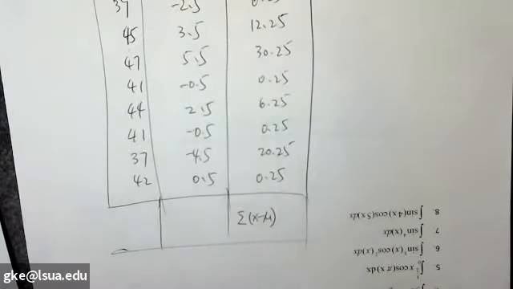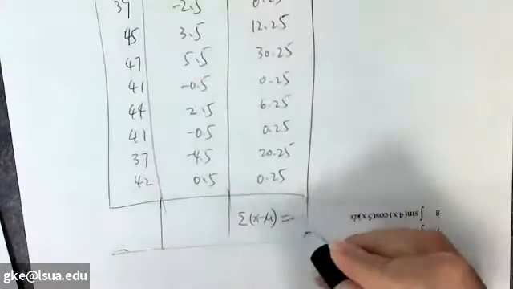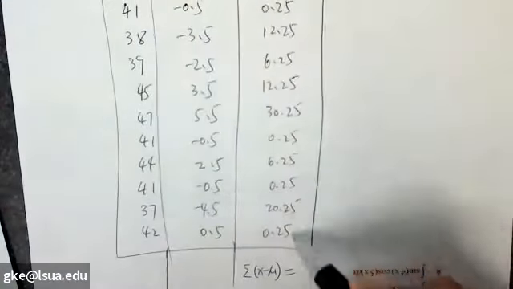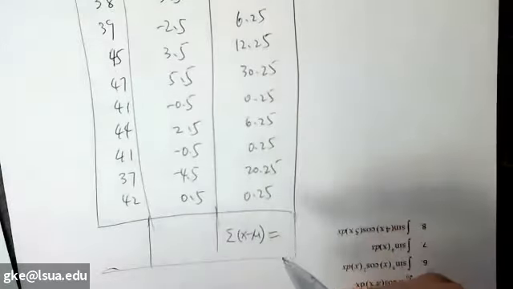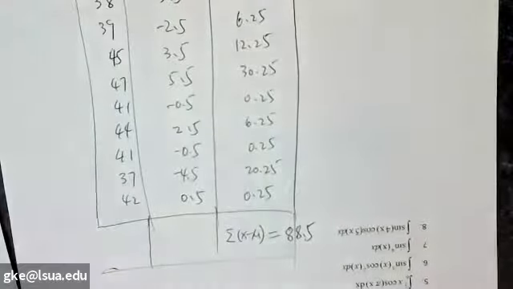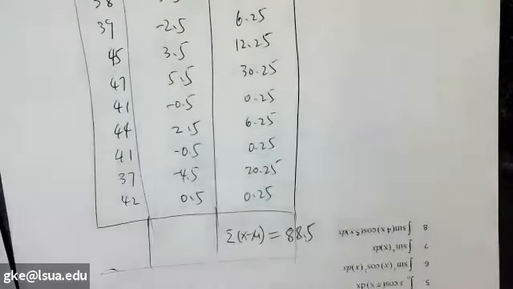That will give you what? You add all this column, you're gonna get 88.5. Okay, 88.5.